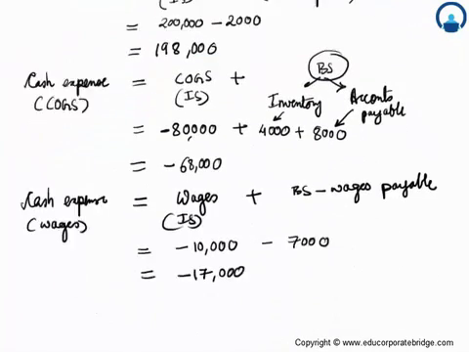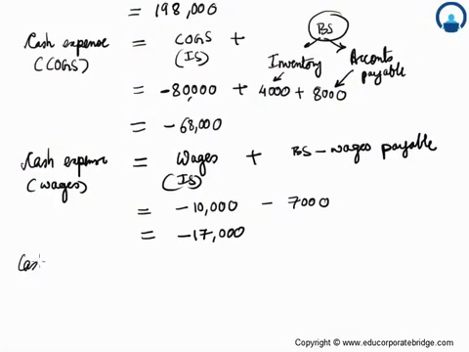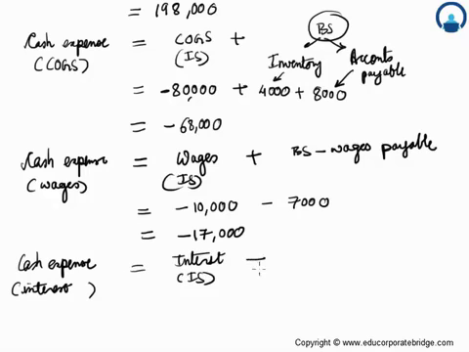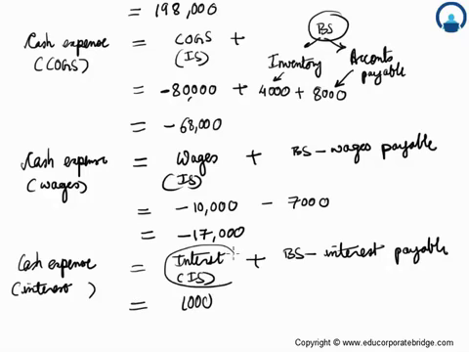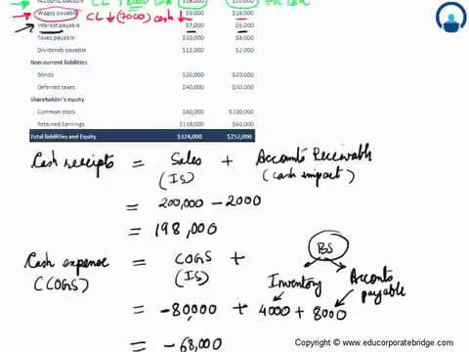Now let me first write down the formula. Cash expense with respect to interest. So again we'll write the same interest which is mentioned on the income statement plus your balance sheet interest payable. So here interest expense was minus 1,000, and let us look at the balance sheet now.